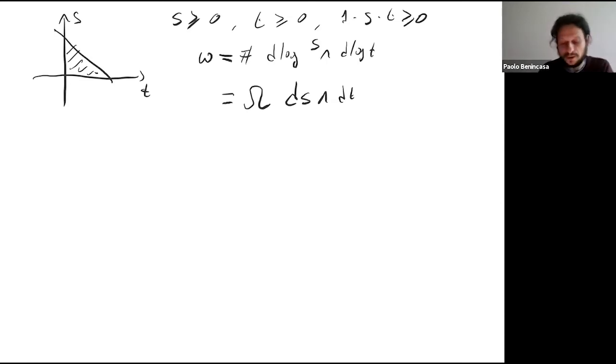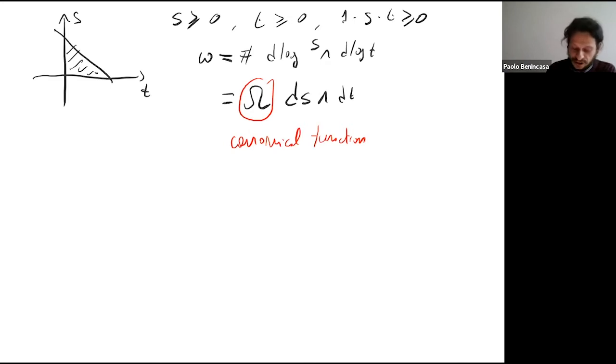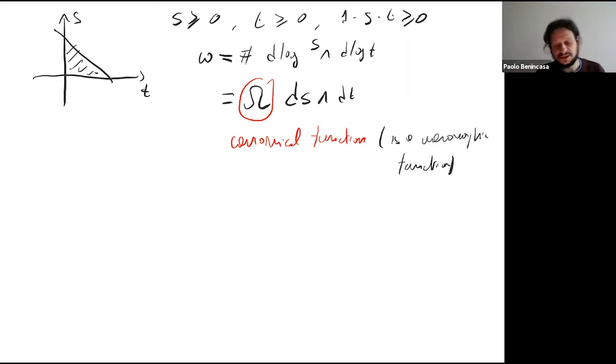And this big omega, which is called a canonical function, will be a meromorphic function with just simple poles.